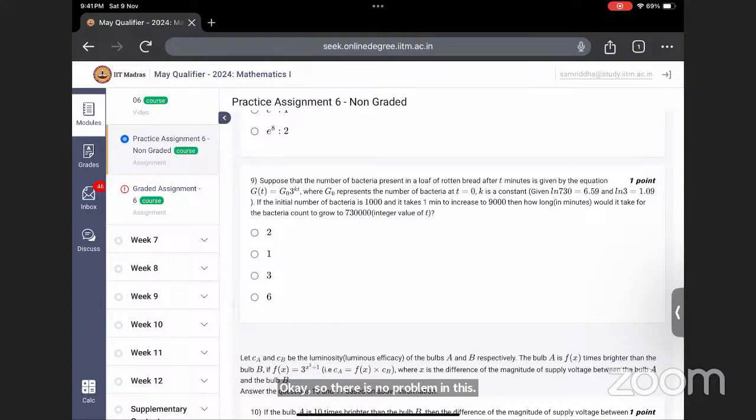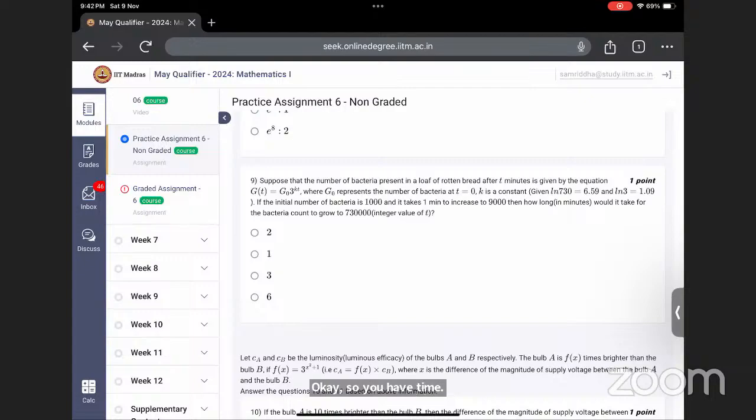Ma'am, the syllabus of quiz 2 is from week 5 to week 8, not week 1 to 5? Yes, quiz 2 is week 5 to week 8. The end term is from week 1 to week 11 maybe. Quiz 2 is on 1st December, so you have time.